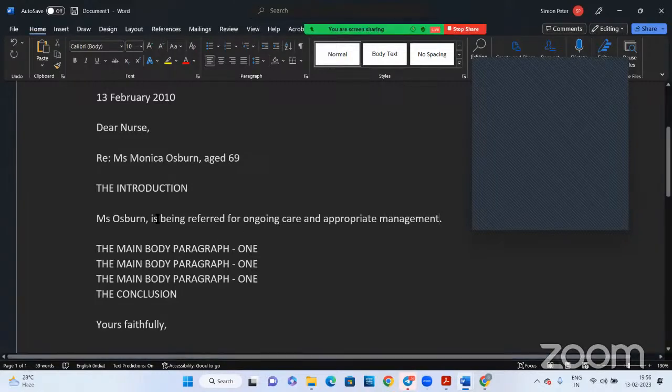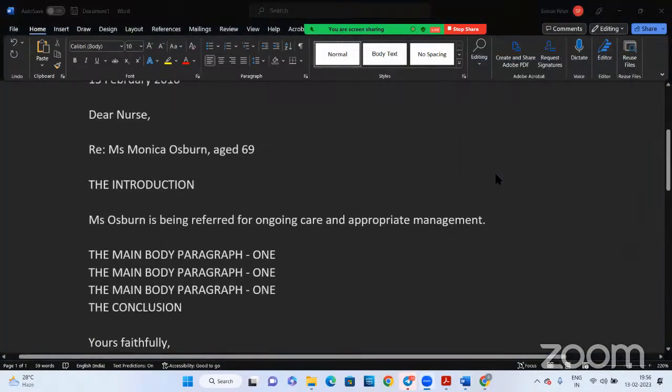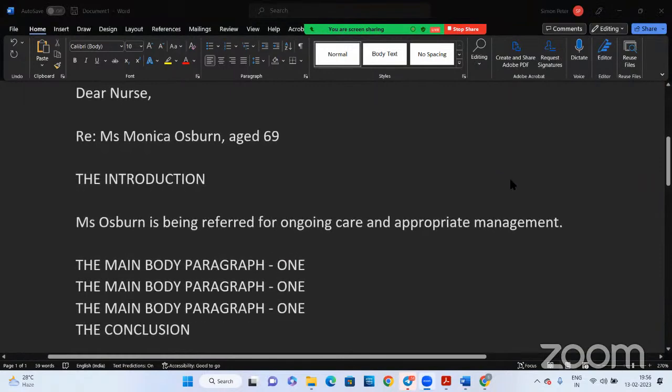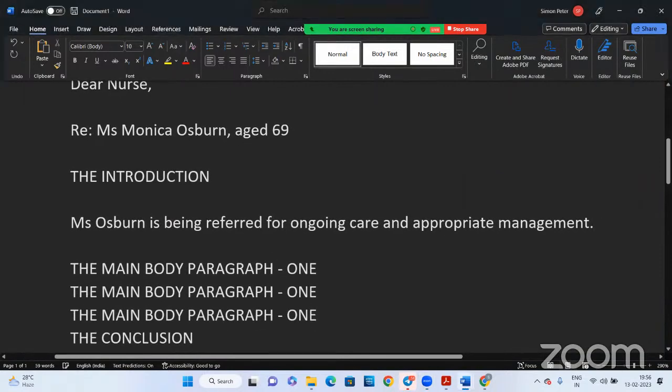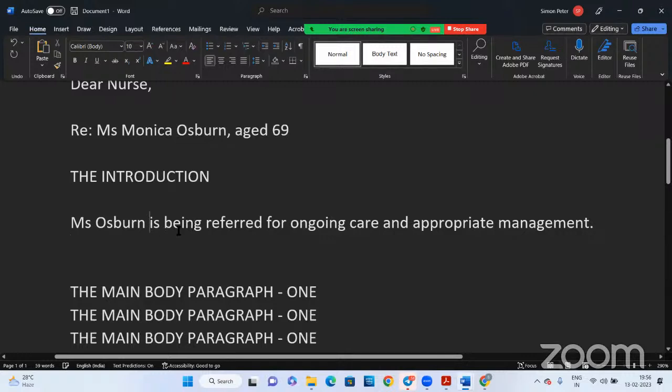Right. So Miss Osborn is being referred for ongoing care and appropriate management.